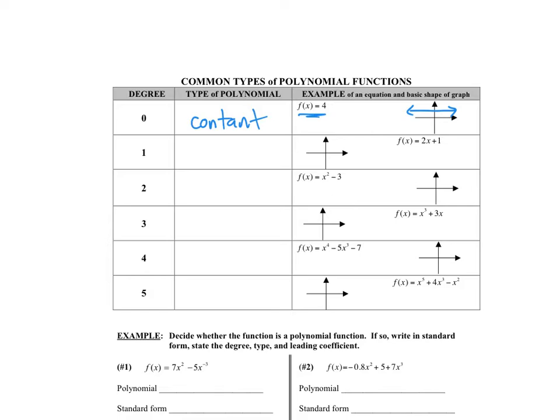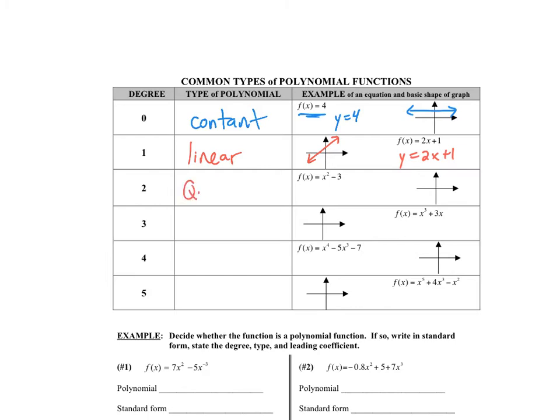Okay, and just recall f of x equals 4 is really the same as y equals 4. So it'd be a horizontal line. When the degree is 1, it would be linear, and it would look like this: y equals 2x plus 1. And the graph would be some sort of a line. Might be going up, could be coming down. The slopes may vary, but it's going to be a line.